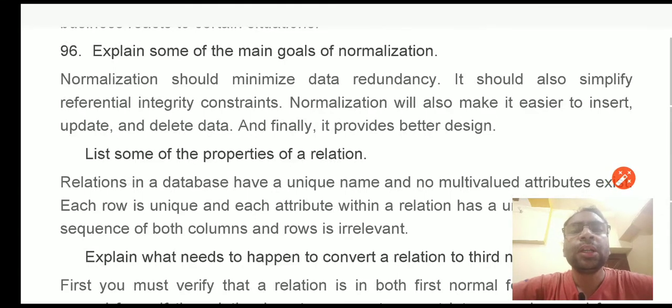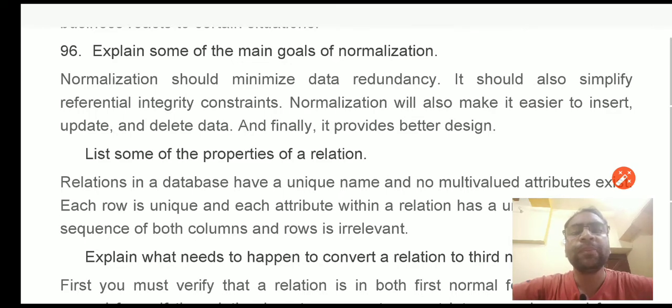Next question. Explain some of the main goals of normalization. We have learned normalization. It is the process of decomposing and composing the tables. Normalization should minimize data redundancy. This is the main goal of normalization.